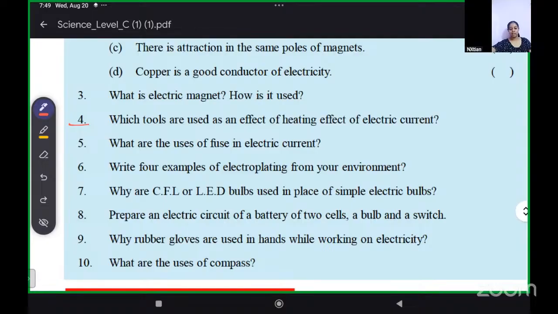What are the uses of fuse in electric current? Yesterday I taught you about fuse. What is the use of the fuse in electric current?